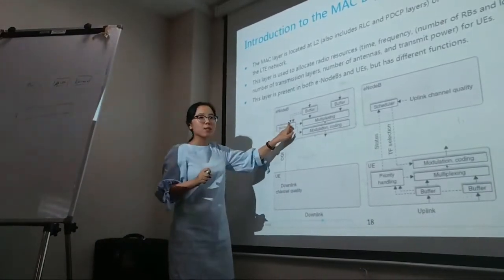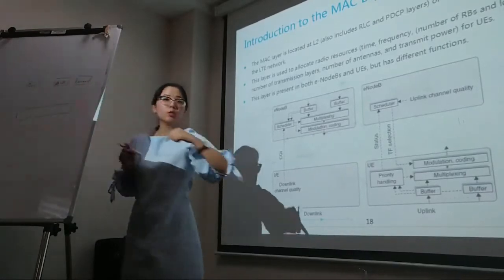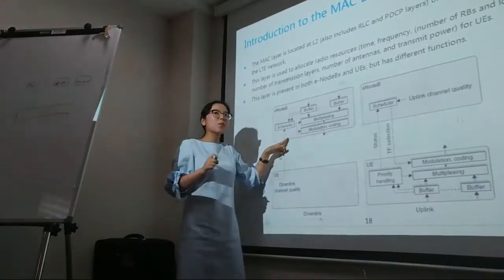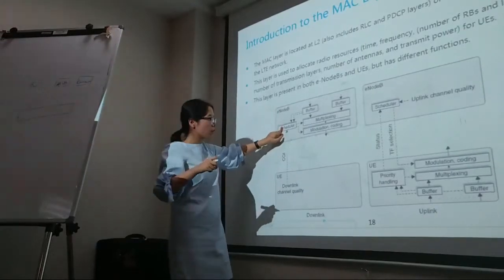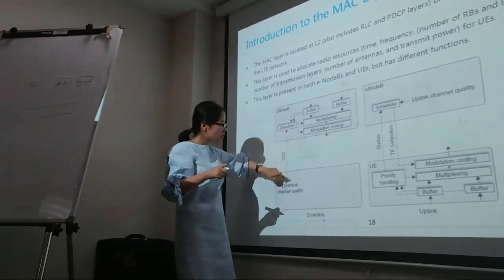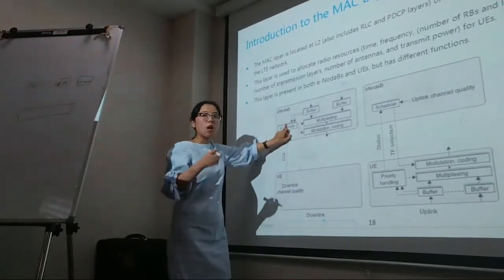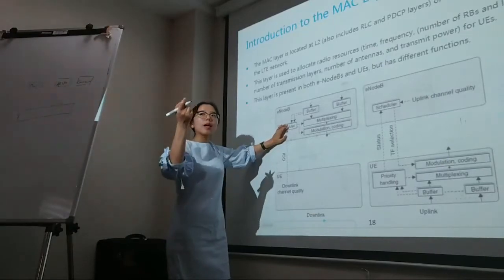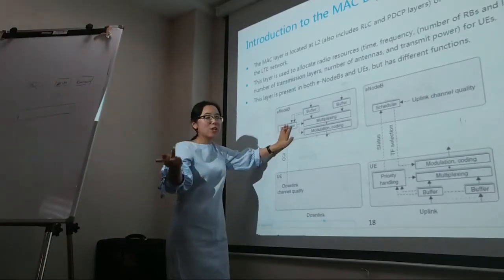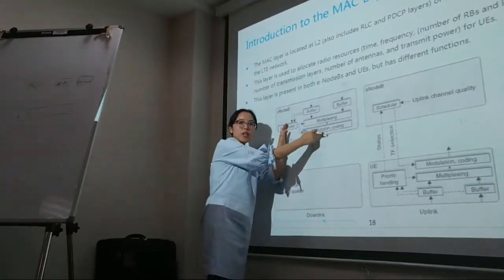So the scheduler will act according to the information. For example, for traffic, it will, according to the CQI reported by the UE, decide how to schedule the UE: which resource, and what modulation and coding, because it will perform the modulation and coding.